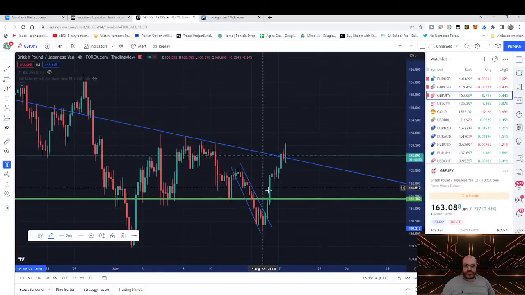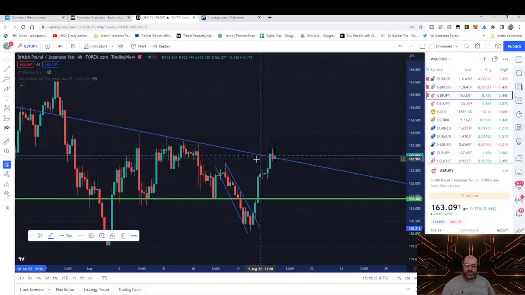We can see now here in the 4 hour that we are fighting a little with this trend line. But if we close here now above, I think we want to see what will happen on the next bar. So we are not going to take this trade on the first, but maybe on the second bar here. So in 5 hours and 40 minutes, we probably can take a trade here.